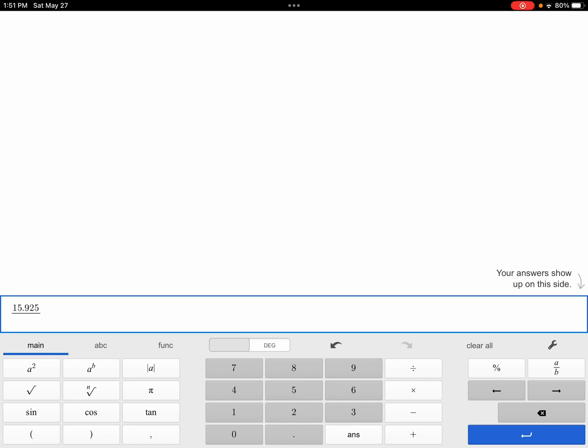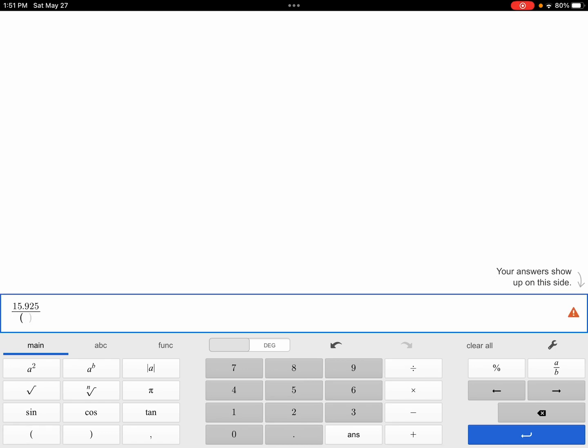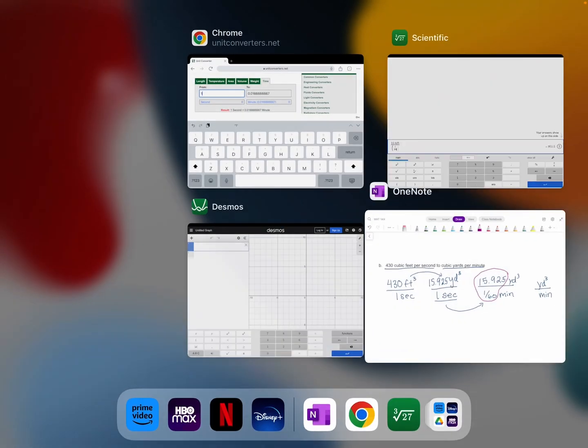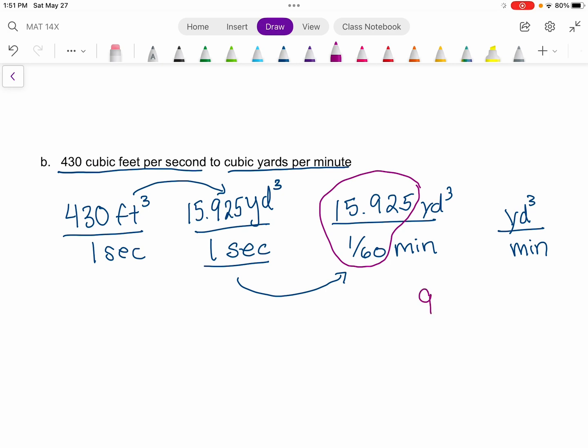And we're going to divide that. I'm going to put some parentheses here. 1 divided by 1/60th. That's not a 60th, that was a decimal. And I would get 955.5. So this would be 955.5 cubic yards per minute.